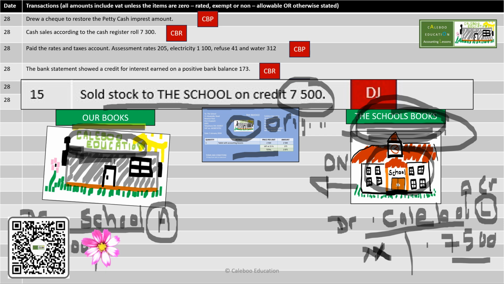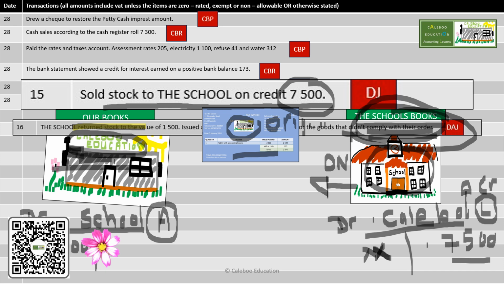Now, Calibre Education investigates the claim for the goods which do not comply with the order, and issues a credit note. Unfortunately, that's a little bit behind there, but I'll tell you what happens.